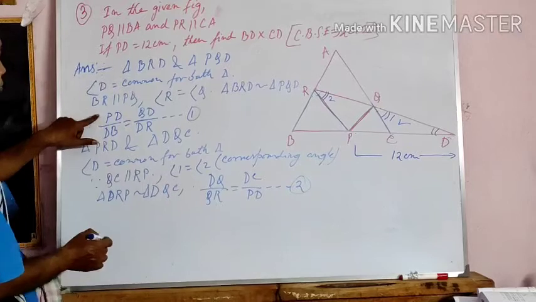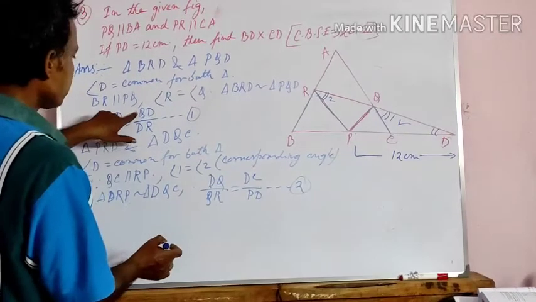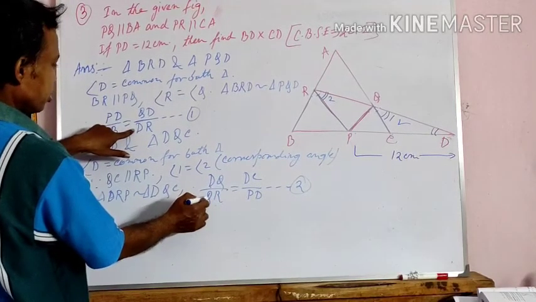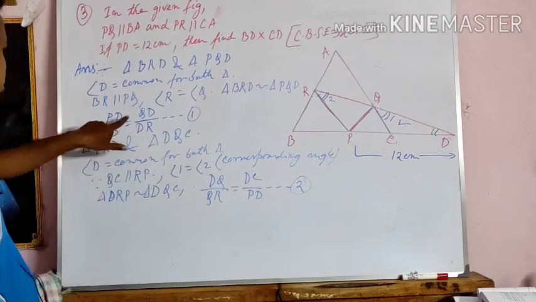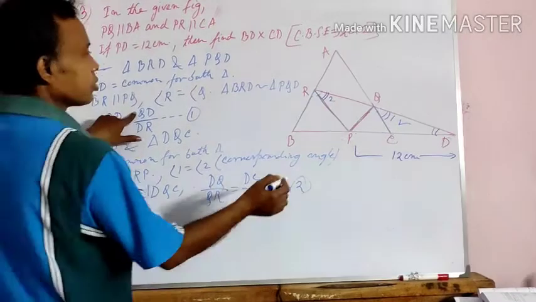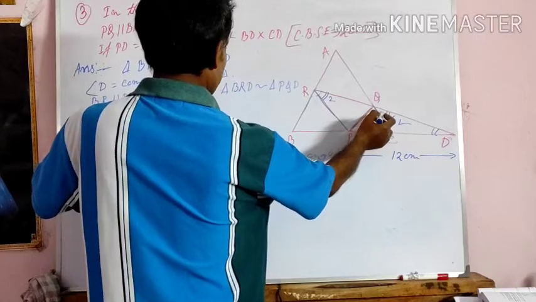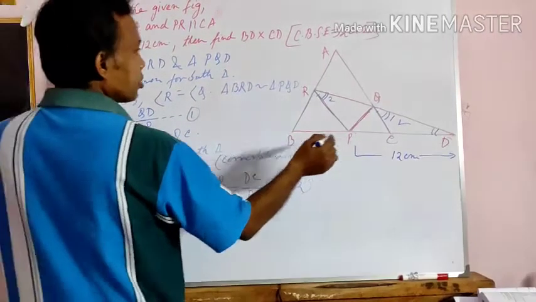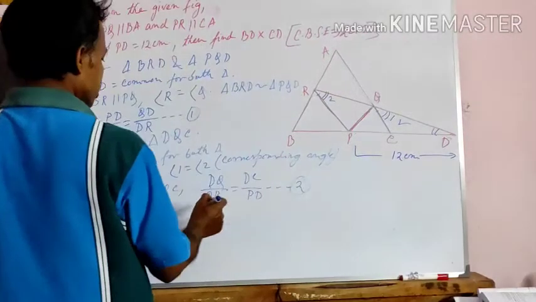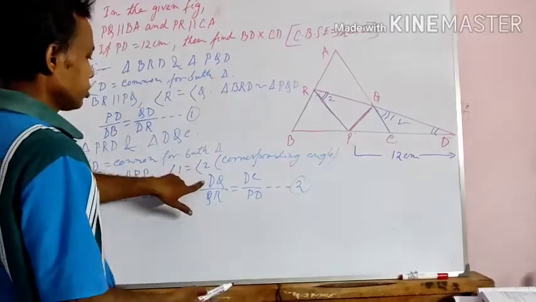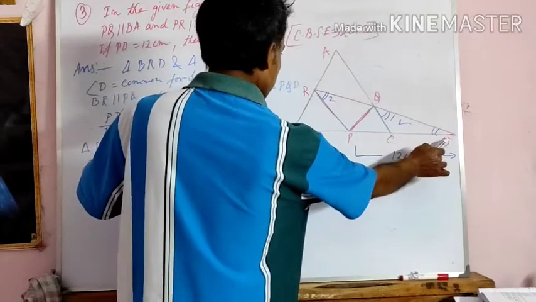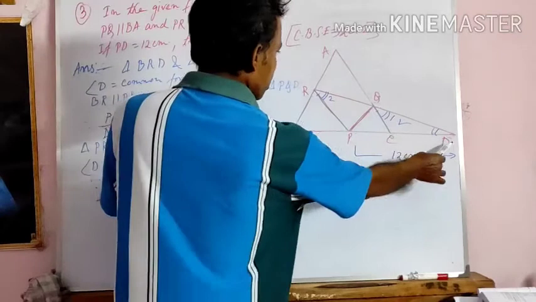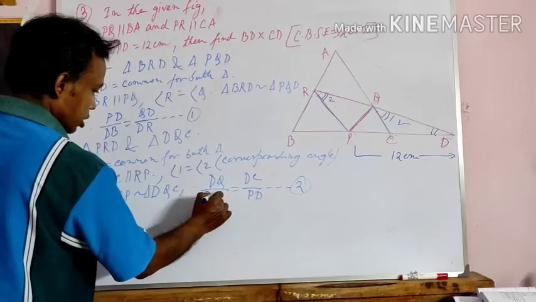In equation 1, PD by DB is equal to DQ by DR. Here it will be DR, there was a mistake.